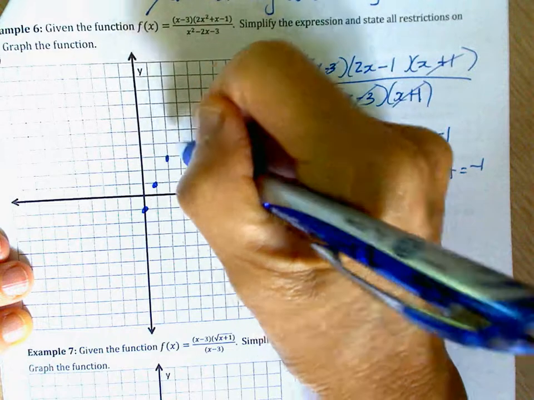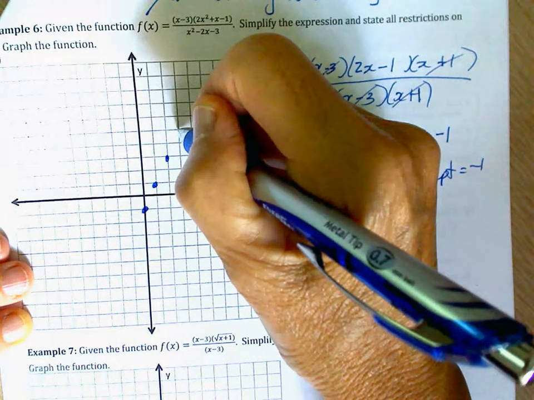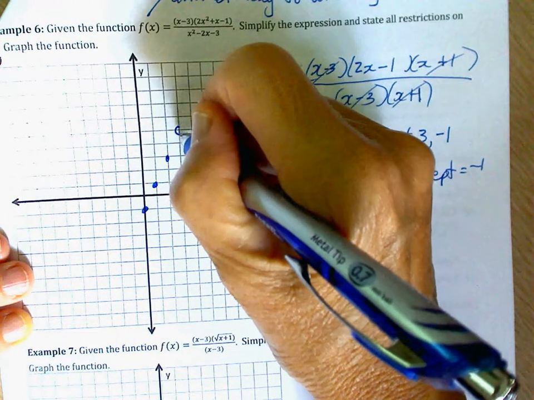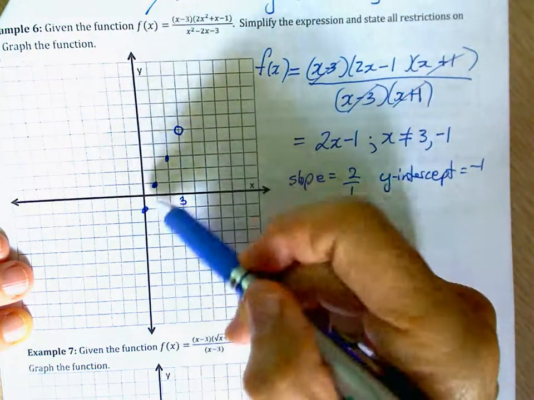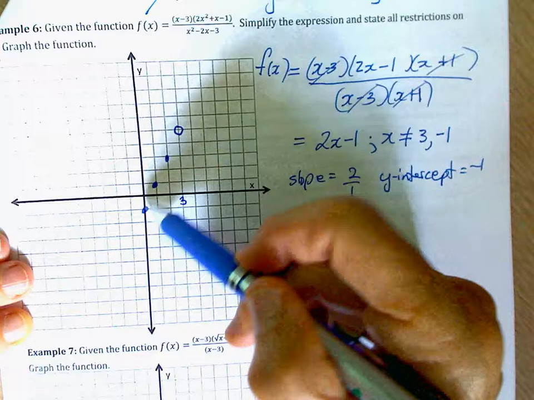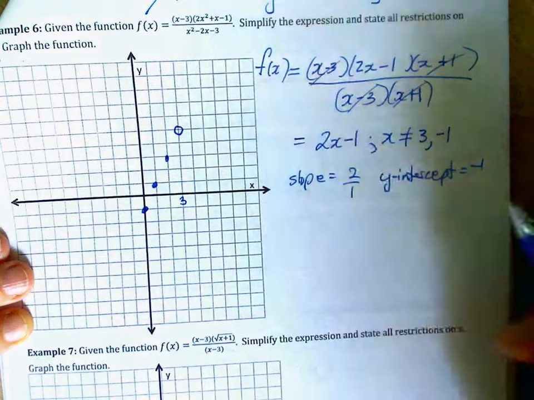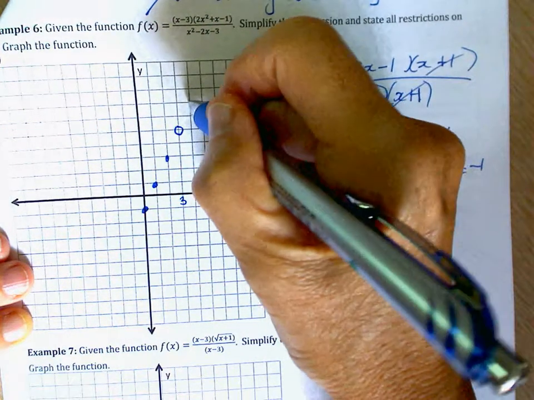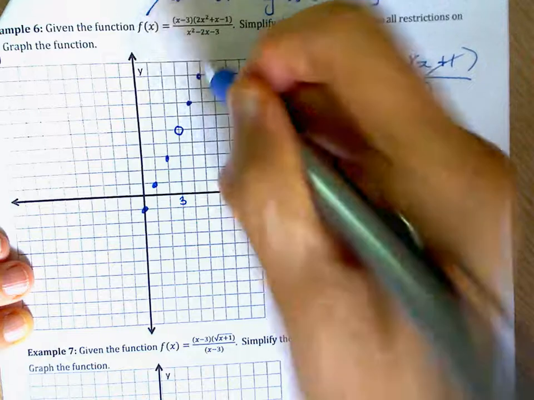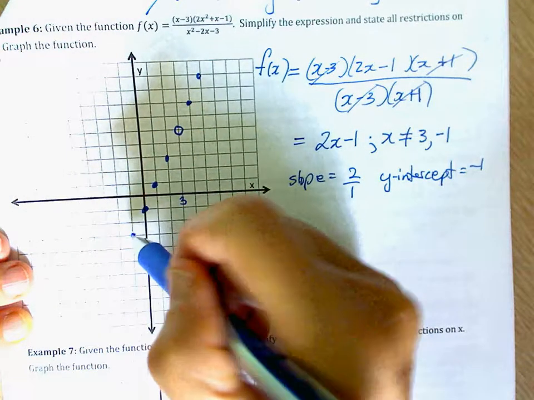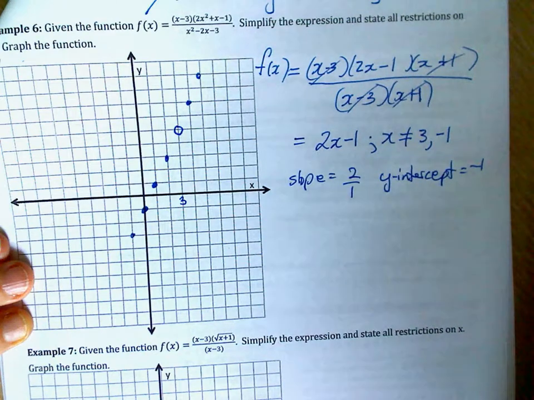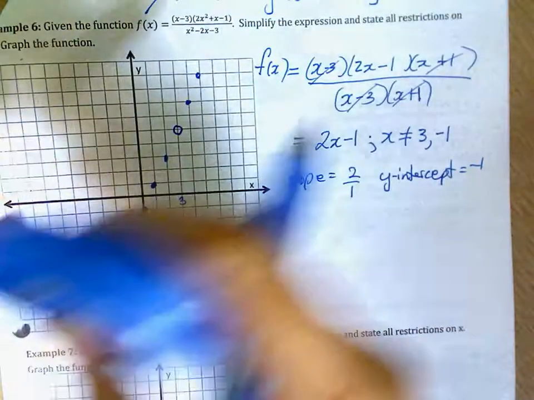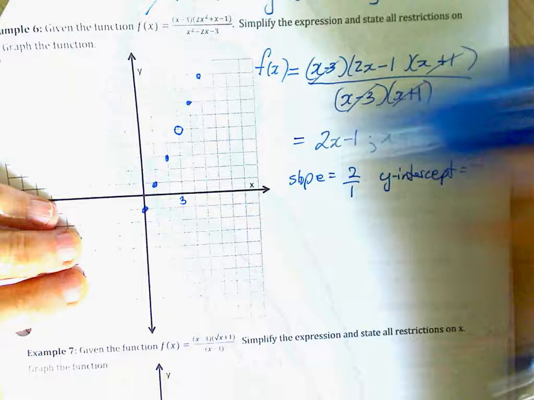X cannot be 3. There's a very small point there where a graph does not exist. 1 over up 2, 1 over up 2, 1 over down 2. Graph does not exist at -1. Oopsie daisy. I have to do an open hole when x equals -1, right? 2 over down 2.